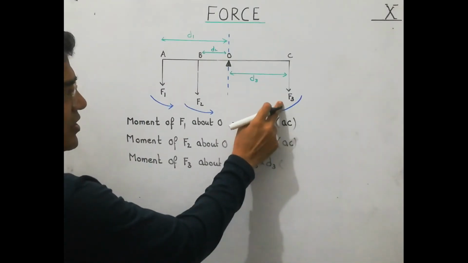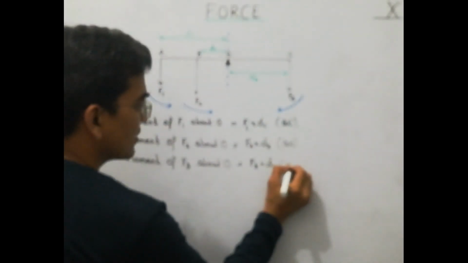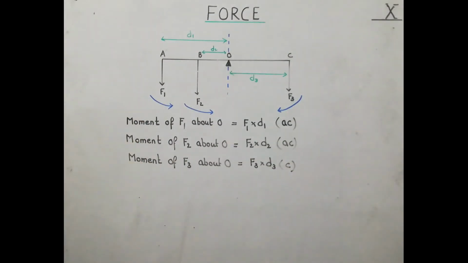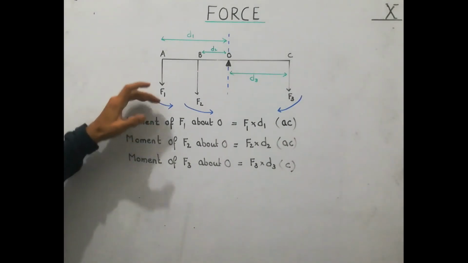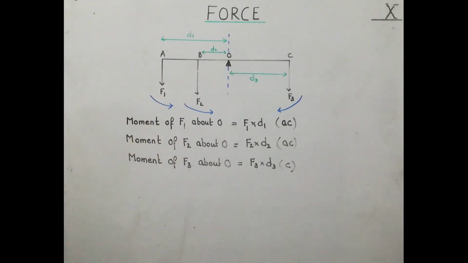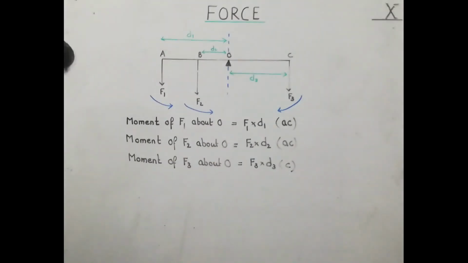Now this force F3, its distance is D3 and it is trying to rotate the body in clockwise direction. So we have calculated moment of F1, moment of F2 and moment of F3. Two are anti-clockwise and one is clockwise.